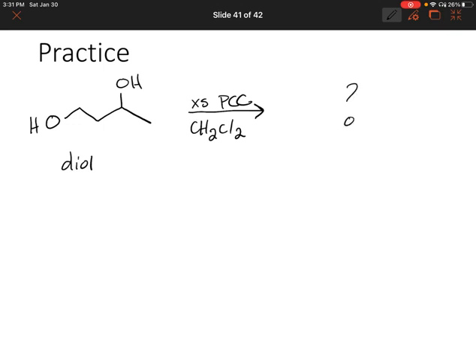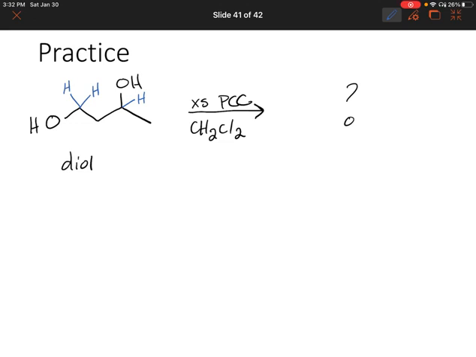And feel free to pause the video and try this on your own first, and then we can go over it together. And I'll give you a hint. It might help to draw some of the hydrogens in there. See how many oxidation steps you have. Okay, so I'm going to draw in my hydrogens on the carbons bonded to the alcohol groups.